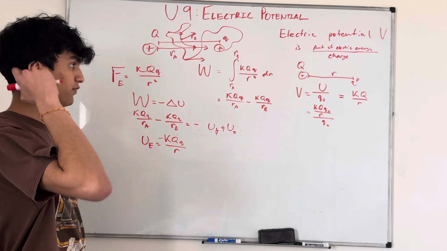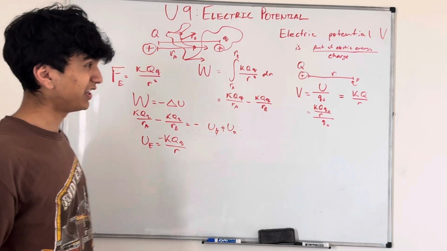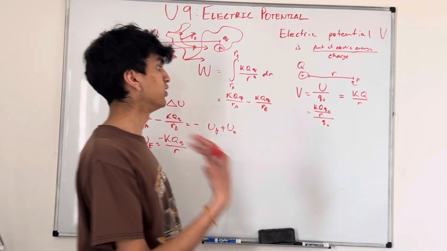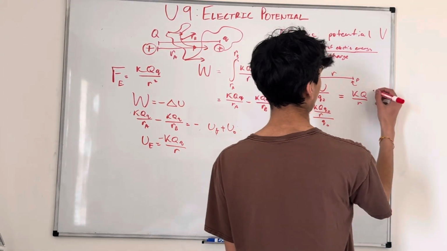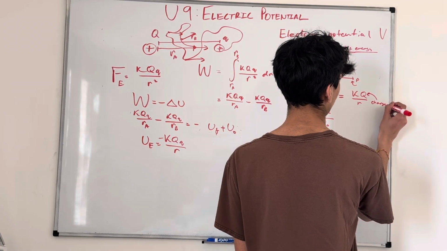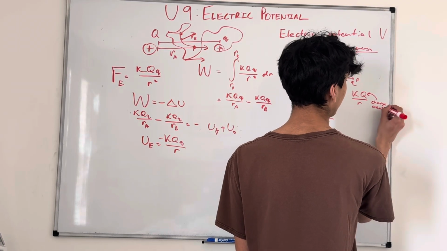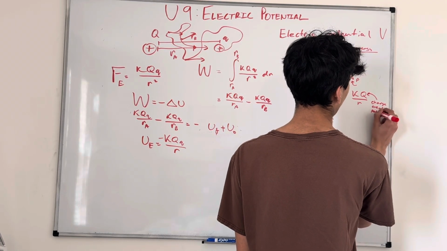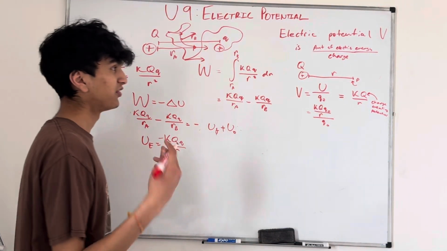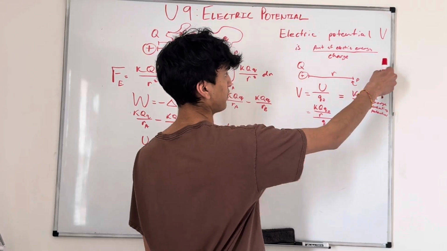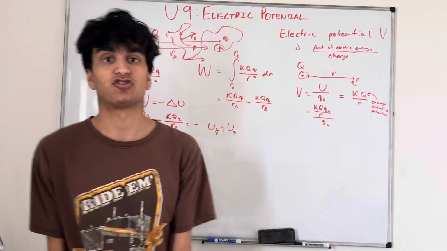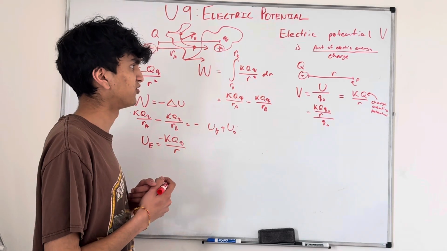So if I increase the actual charge creating that potential, this big Q is the charge creating the potential, then yeah, there will be a larger potential. If I increase the distance R from the point that I want to measure the potential at, the potential gets smaller. So hopefully that makes sense, right?